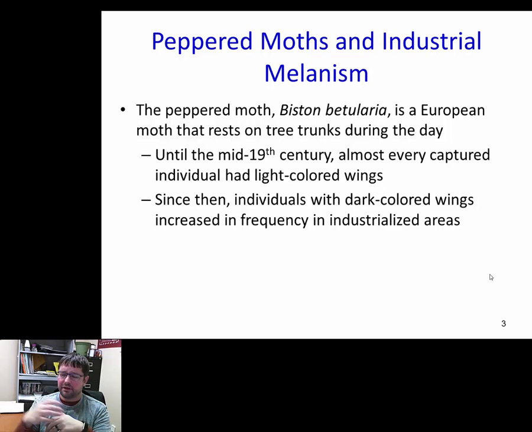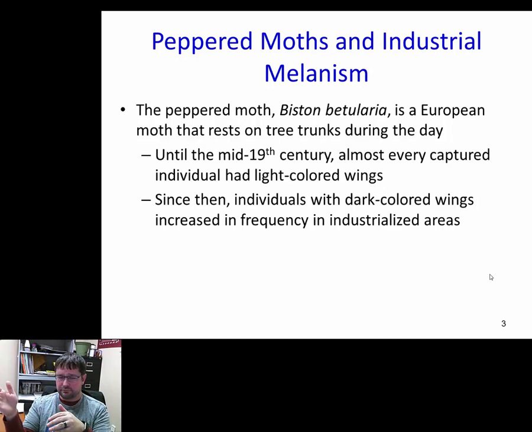And then in the mid-1800s, so about 1850, we had a big industrial boom, what we call the Industrial Revolution. And to say the least, there were lots of factories, and they were burning massive amounts of fossil fuels, and there was no check on air pollution whatsoever.